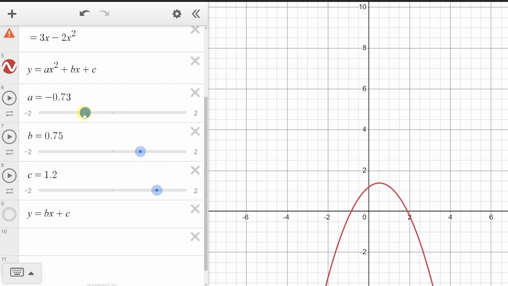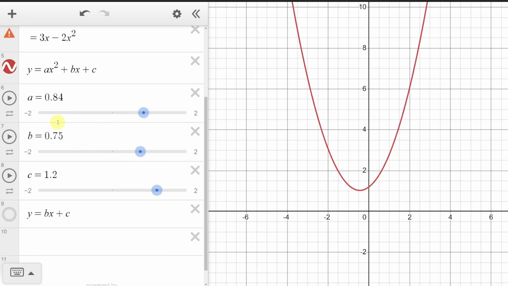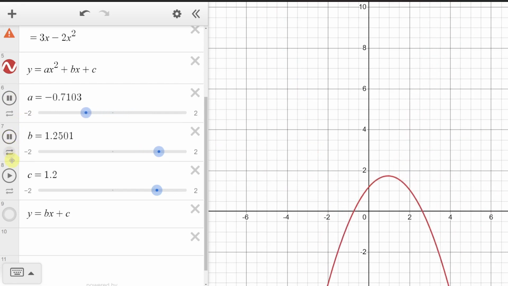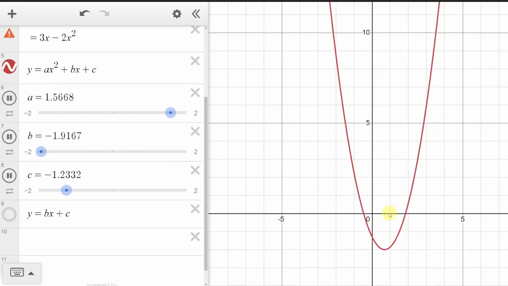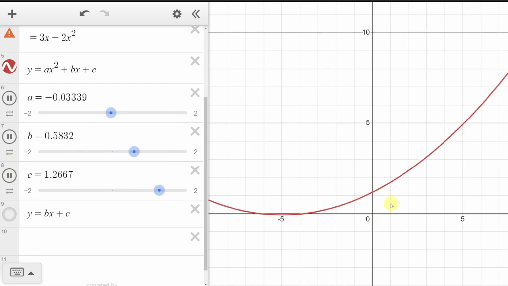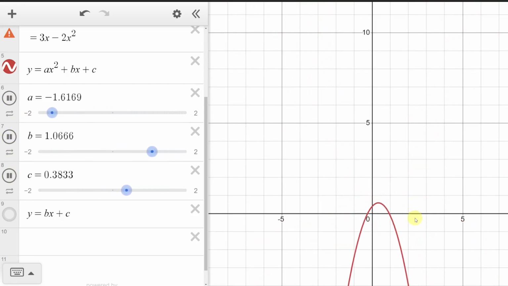To demonstrate that, I will run an animation which changes coefficients simultaneously in time. I will launch all 3 coefficients for changing, and as you can see, the function changes its shape and moves in the coordinate plane.